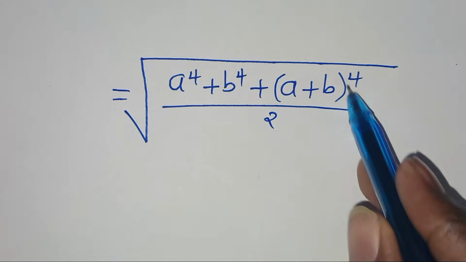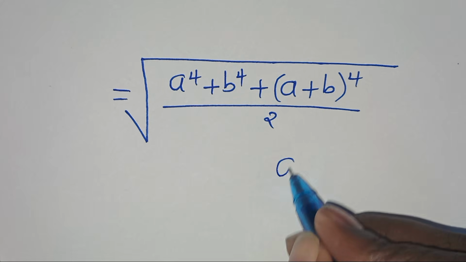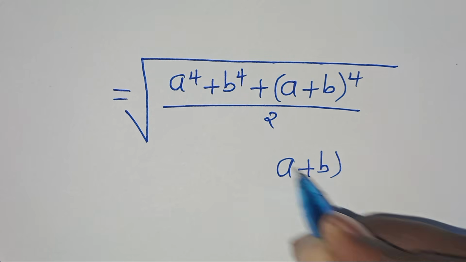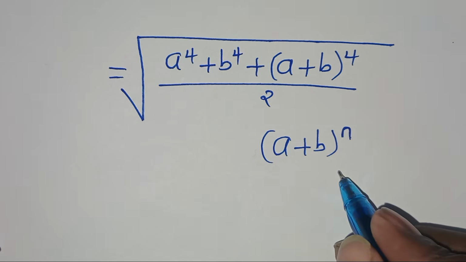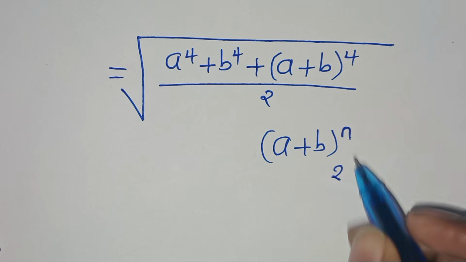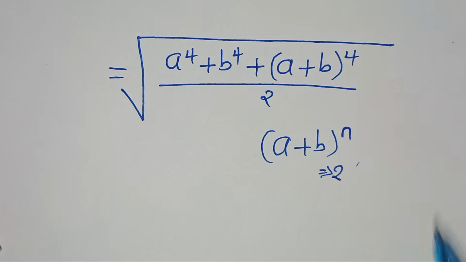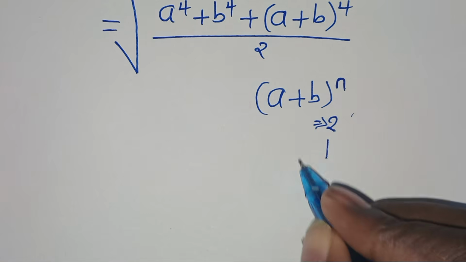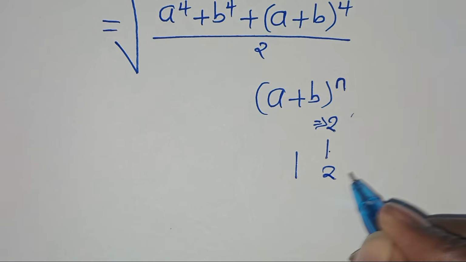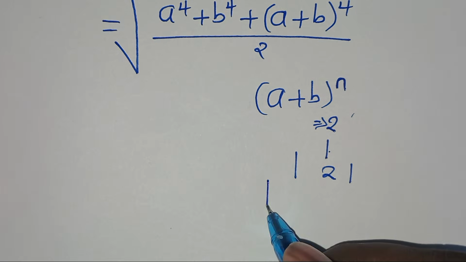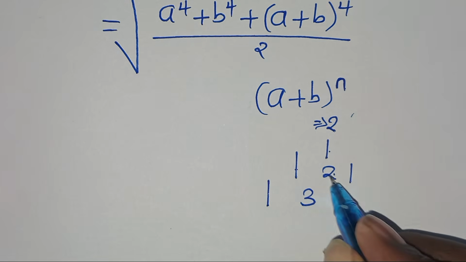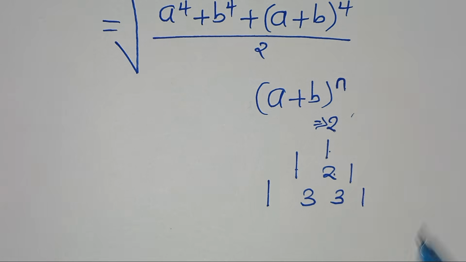Now applying Pascal's triangle here, we have a plus b raised to the power of n. This means that if n is equal to 2, then we have 1, 1 plus 1, this is 2, then 1. If n is equal to 3, then here we have 1, 1 plus 2, this is 3, 2 plus 1, this is 3, then 1.